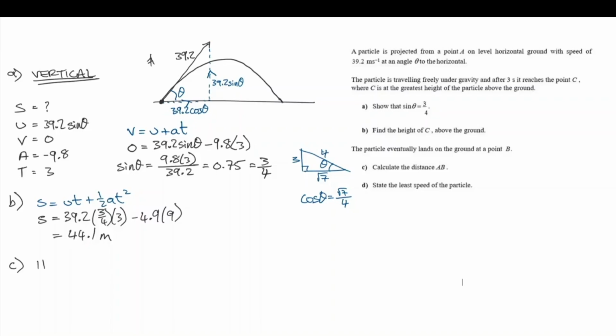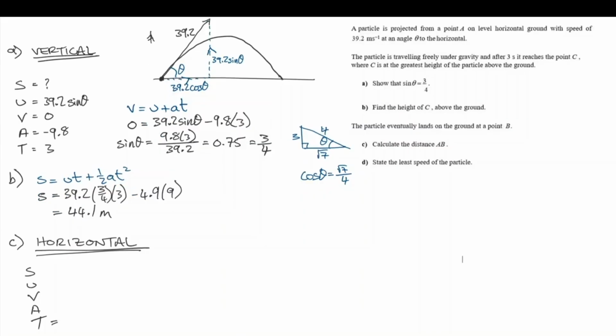Let's collect some horizontal Suvat variables. The displacement here is what we're looking for. The initial horizontal velocity is 39.2 cosine theta. The final horizontal velocity is exactly the same because the acceleration when we're moving horizontally is 0.